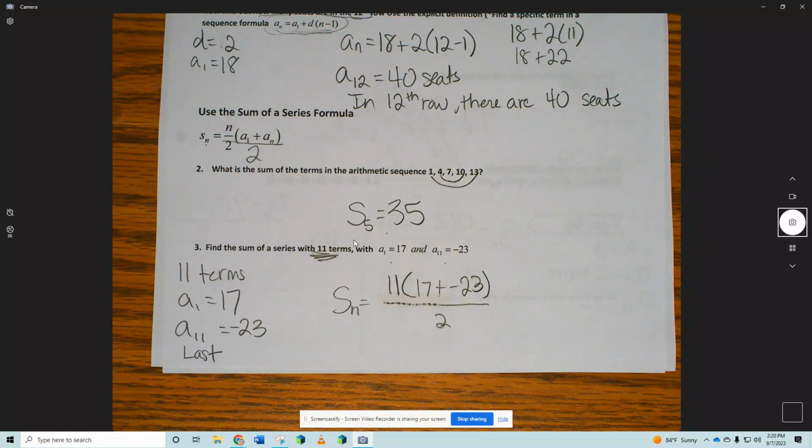Cool. And what'd you get? It is a negative number.